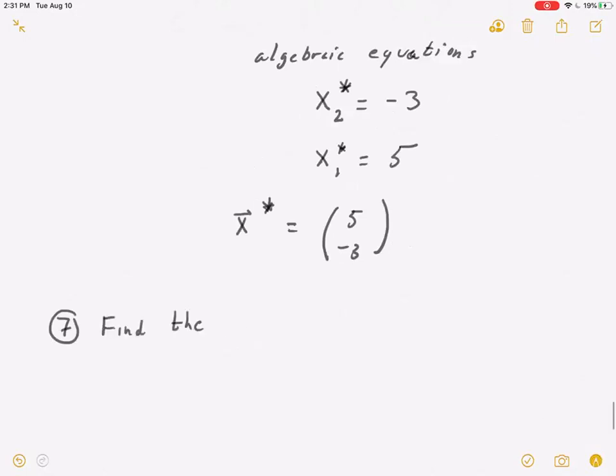What is the projection of B on the plane?